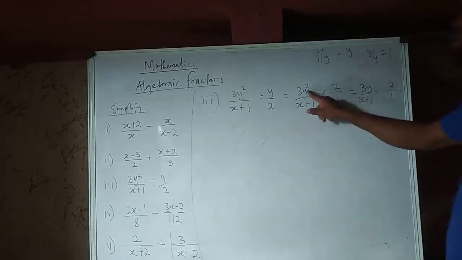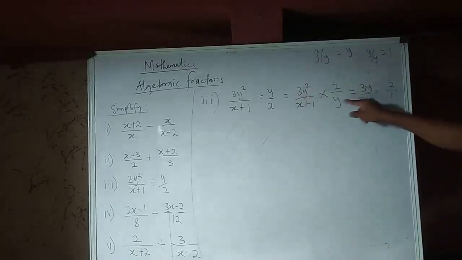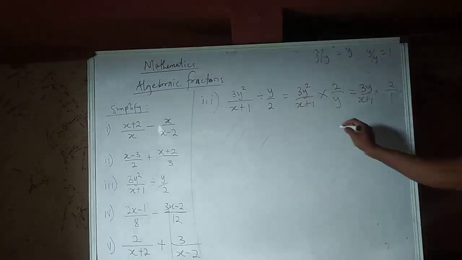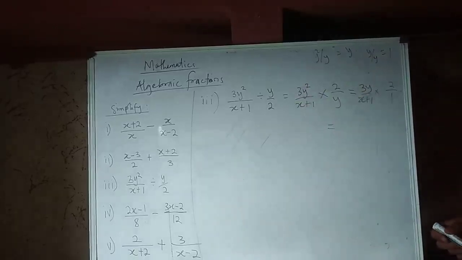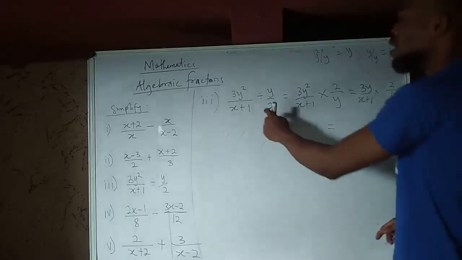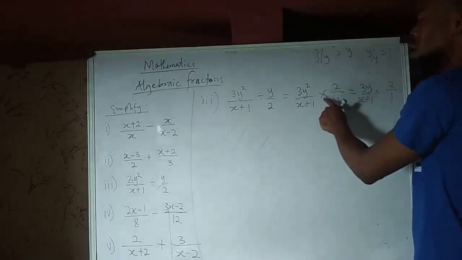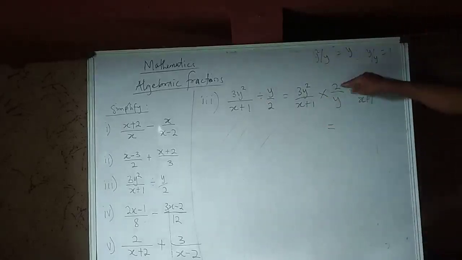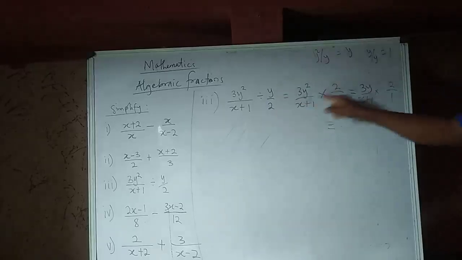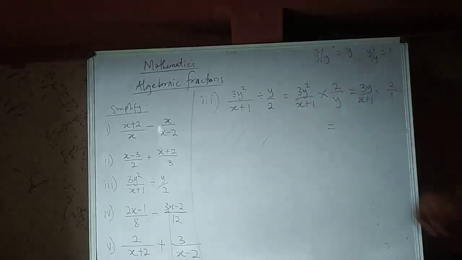When y divides this whole thing, I get 3y. When y divides this, I get 1. So when you have multiplication in fractions, what do you simply do? You multiply directly. Notice that here it was a division sign, but on changing this to a multiplication sign, I now wrote the inverse of y over 2, which is 2 over y. So take note of that.